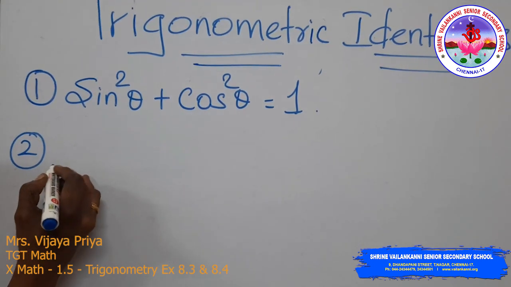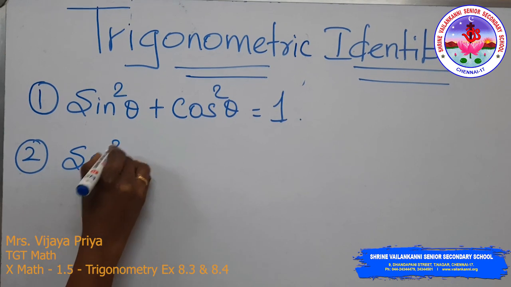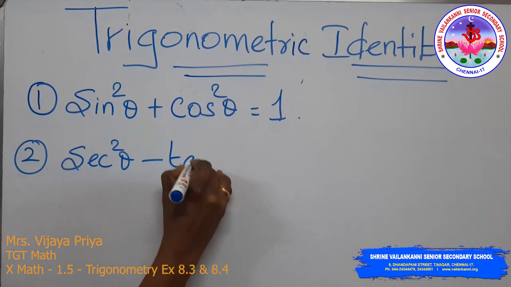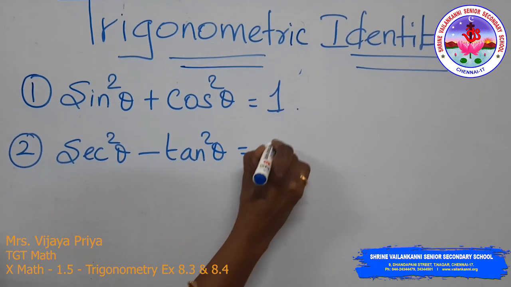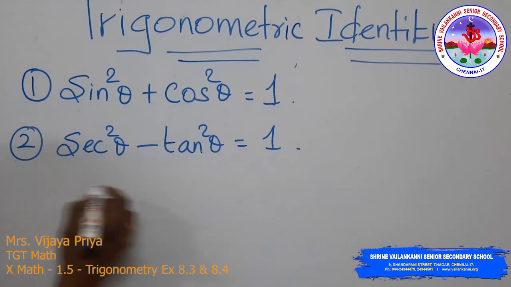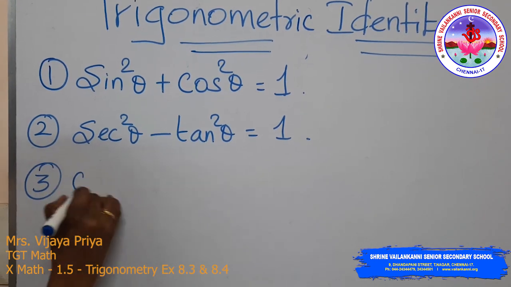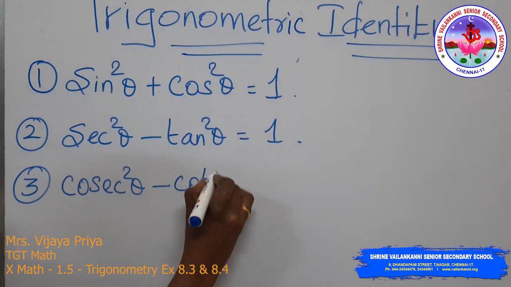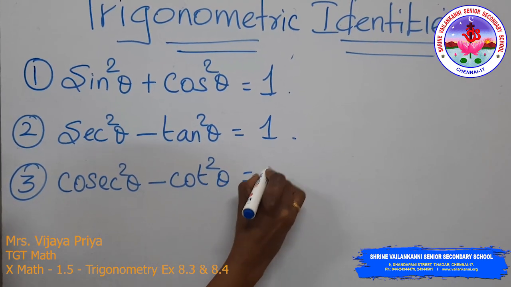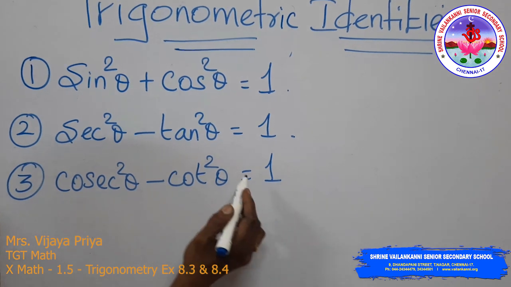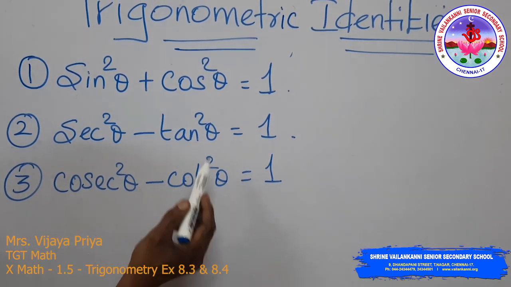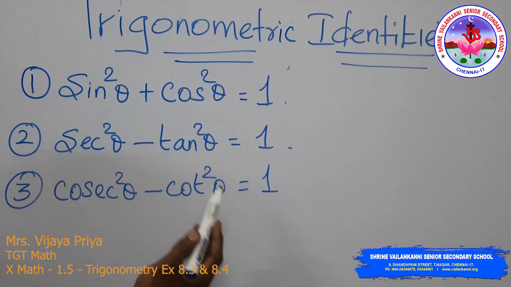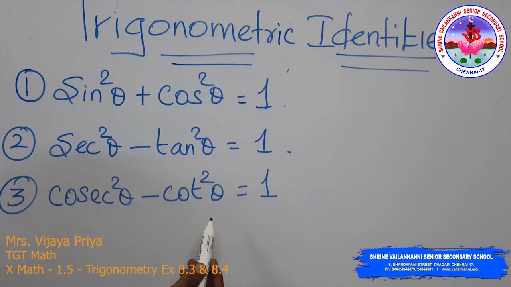Second identity: secant square theta minus tan square theta is equal to 1. Third identity: cosecant square theta minus cot square theta is equal to 1. We are going to use these three identities in solving the problems in exercise 8.4.